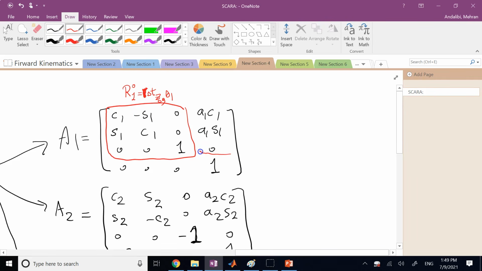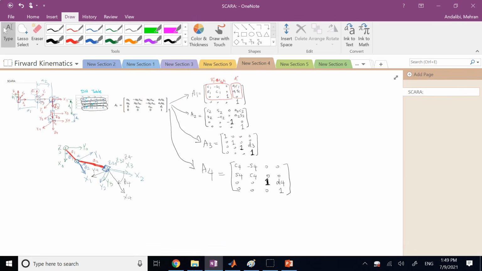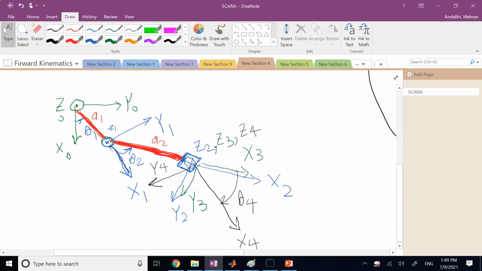And the displacement is, of course, A1 C1 and A1 S1, which you can clearly see here in this picture, right? This is A1, that is theta 1, so these displacements here and this one. This is A1 C1, and this is A1 S1. Very clear. Yes, so there is no ambiguity here.